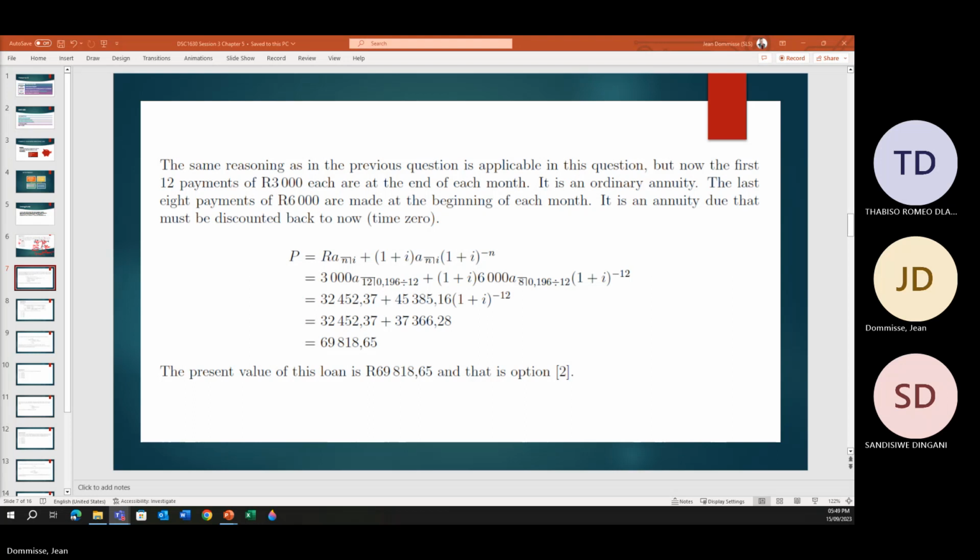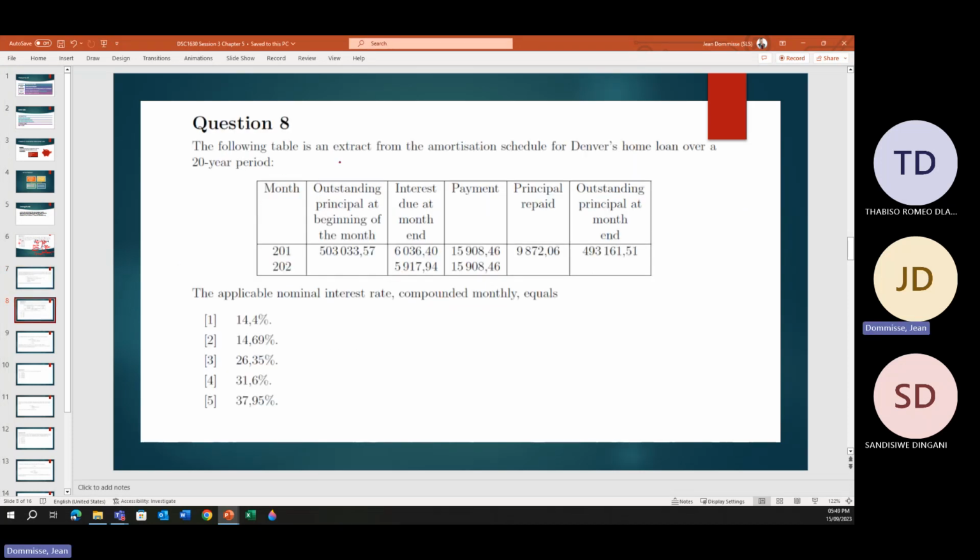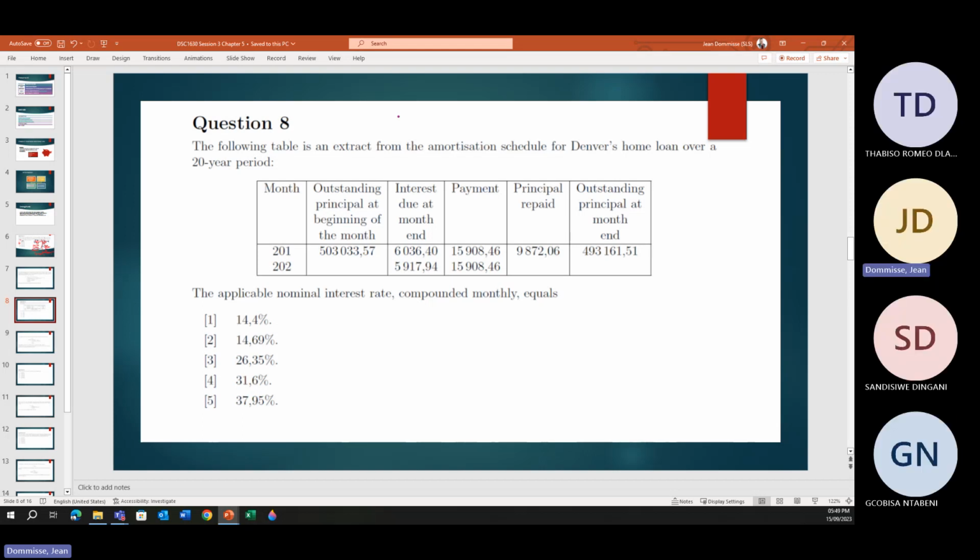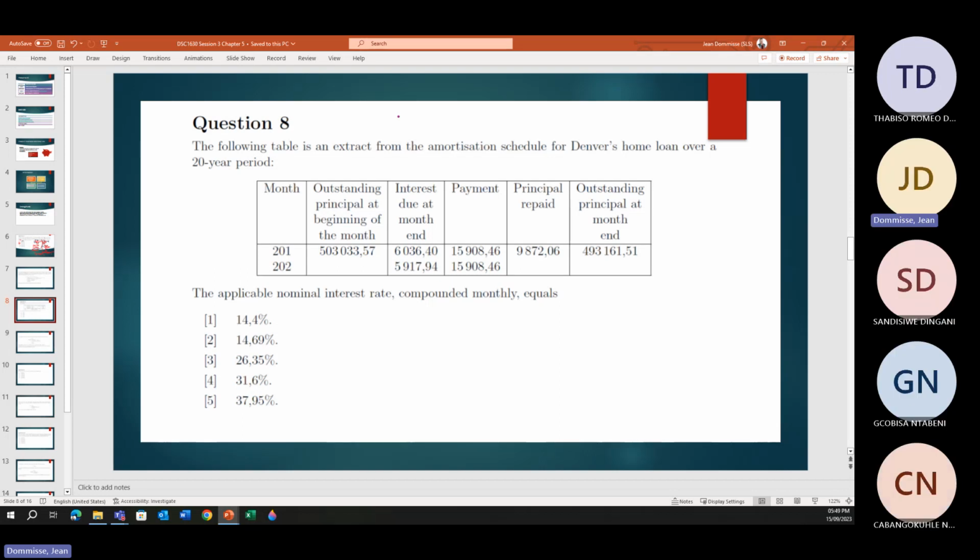Okay, cool. So let's go to the next one, very much a type of question that you guys all would have had already maybe in one of your assignments, or that they might have in the exam as well. So they give you a part of an amortization table.